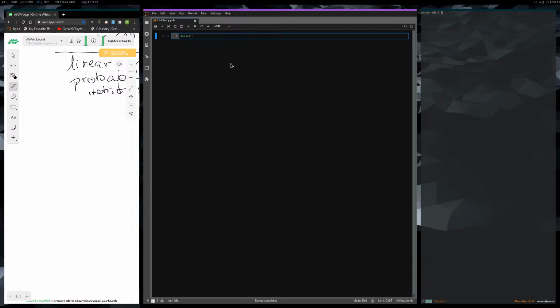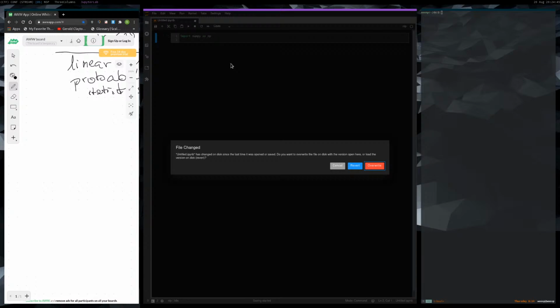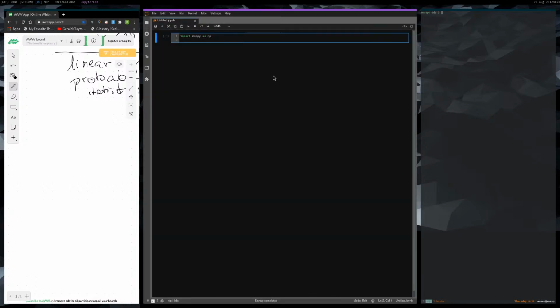Let me just import NumPy because NumPy will be our linear algebra element. As np. We're going to need a counter to basically help us count the number of words in different texts.